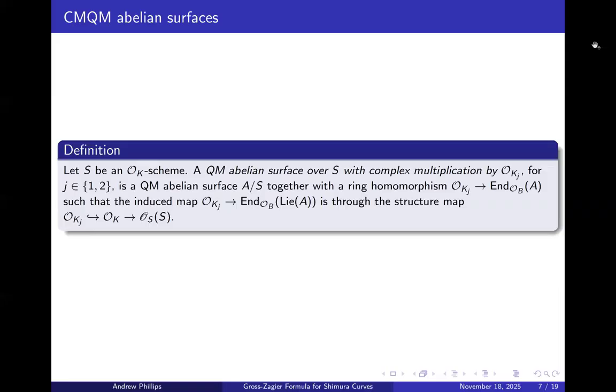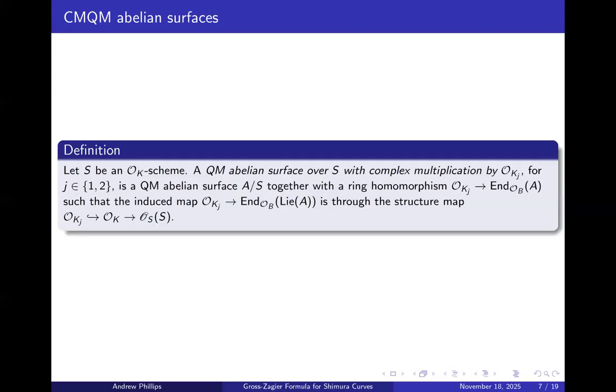So this is going to be a QM abelian surface together with now an action of the ring of integers in KJ. And we're going to assume that this action commutes with the OB action. So you have these two commuting actions of OKJ and OB on the surface.